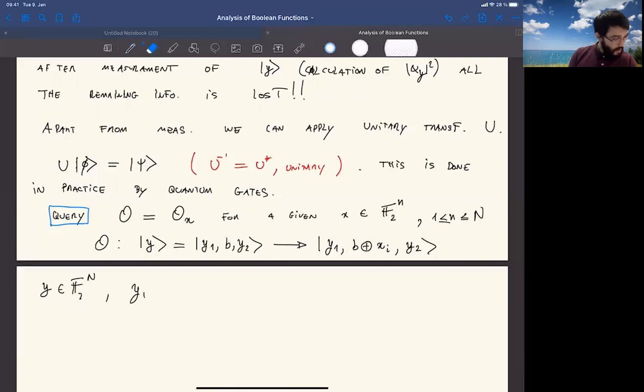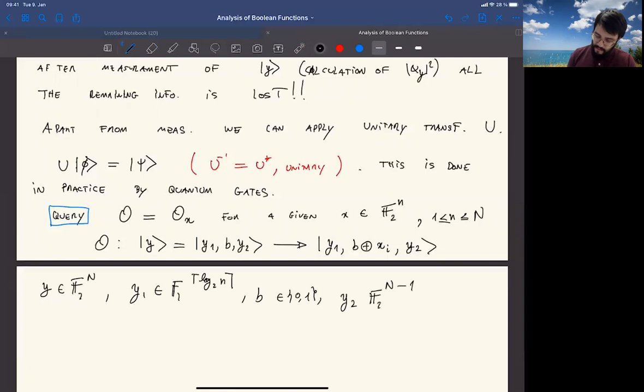is a string of the size of the ceiling of log n. B is just a bit, 0 or 1, and y2 is the remaining part. So you're splitting the string y in 3 parts: one of size log of n, a bit, and the remaining part.